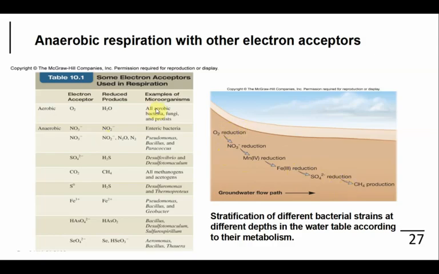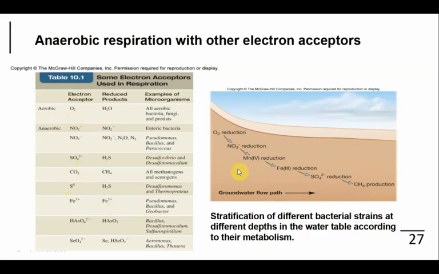So different types of bacteria can use different electron acceptors. Enteric bacteria can use nitrate, Desulfovibrio and Desulfotomaculum can use sulfate as an electron acceptor. They use one after the other, the best electron acceptors first, and then the worst are used last.